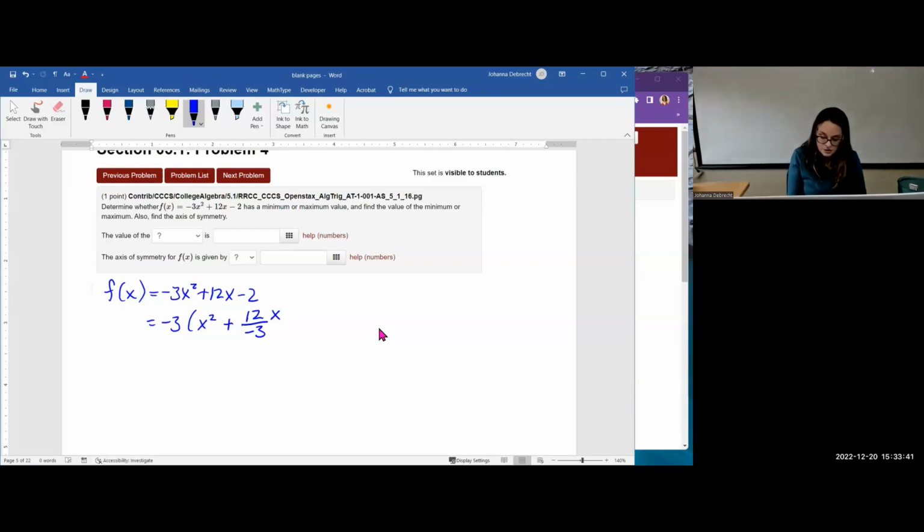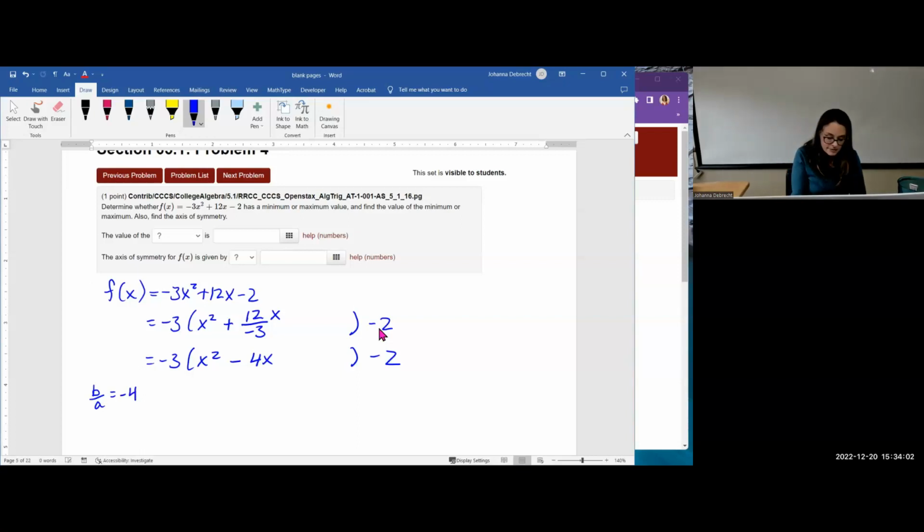That's what it means to factor something out. And we'll leave some space, and then we have our minus 2. Then we're going to reduce so that we have x squared minus 4x, leaving space, minus 2. So that means that our b divided by a turned out to be negative 4.